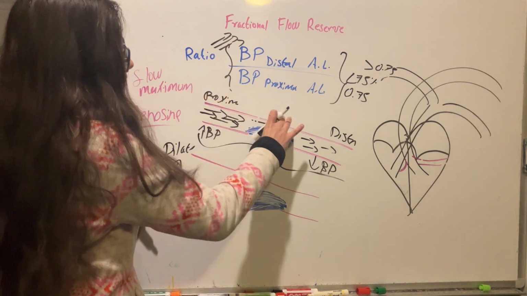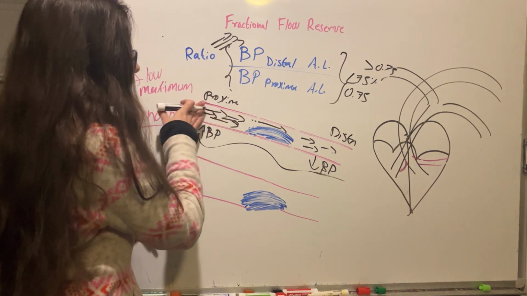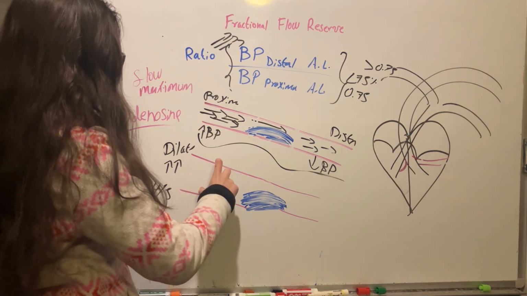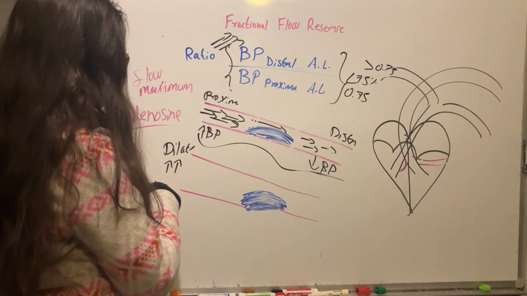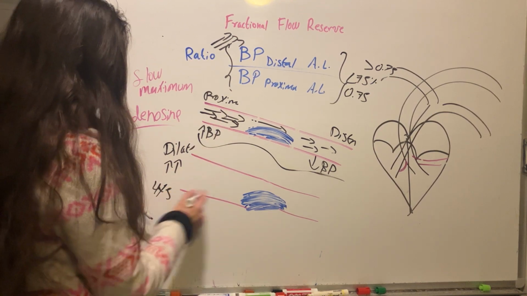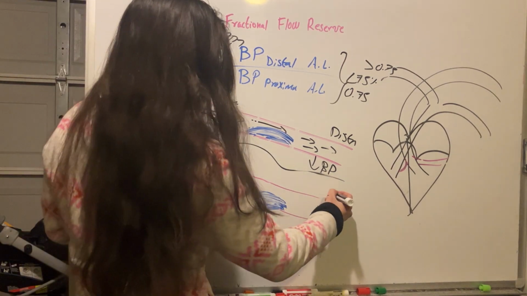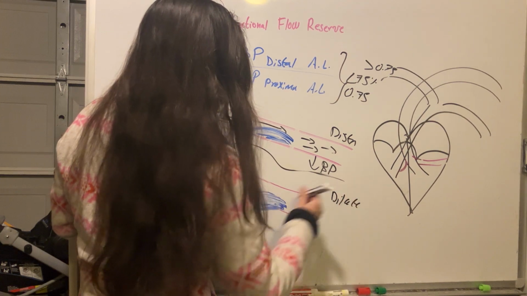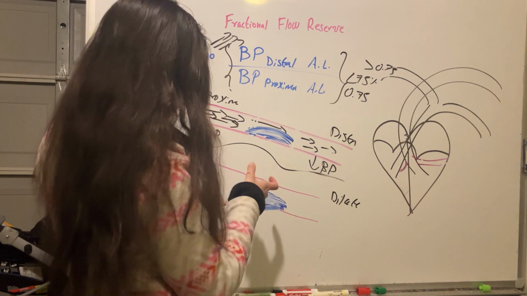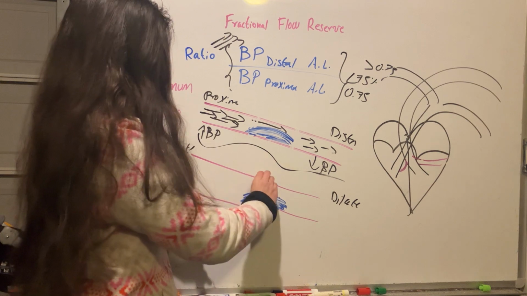So here the patient is resting, we have a specific amount of blood and a specific flow coming here in the proximal segment. When we maximally dilate the artery, we have 4 to 5 times the normal resting flow, but here in the proximal segment. The distal segment also can be dilated, but at the site of the atheromatous plaque, the vessel is rigid, so this part cannot dilate.